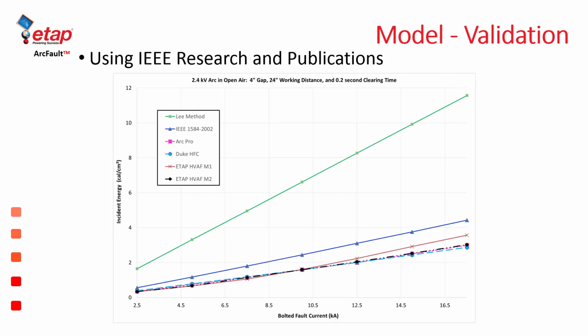Using some IEEE research and publications, we could also see similar comparisons that researchers in the industry have done, where we compare the Lee method, IEEE 1584, Duke, ETAP method 1, method 2, and we can see, similar to the previous comparisons, ETAP method 1, 2, ArcPro, Duke heat flux calculator are all within the same boundary conditions as far as the differences. Of course, the Lee method being extremely different from all of them.